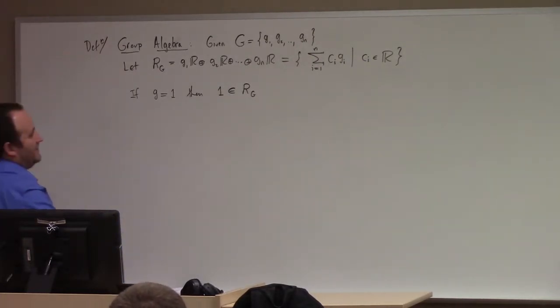If you called E the identity of the group, then E would be the identity of the ring, et cetera. But this is actually a way to construct all kinds of interesting group rings.